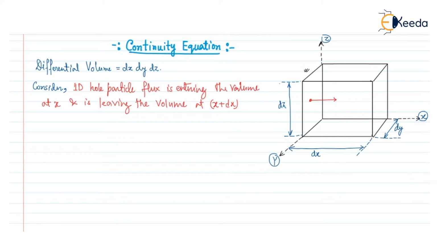That means the hole particle flux is entering this volume at this plane, so this is x, and this point is x plus dx. So the hole particle flux will leave this volume at this point in this way.